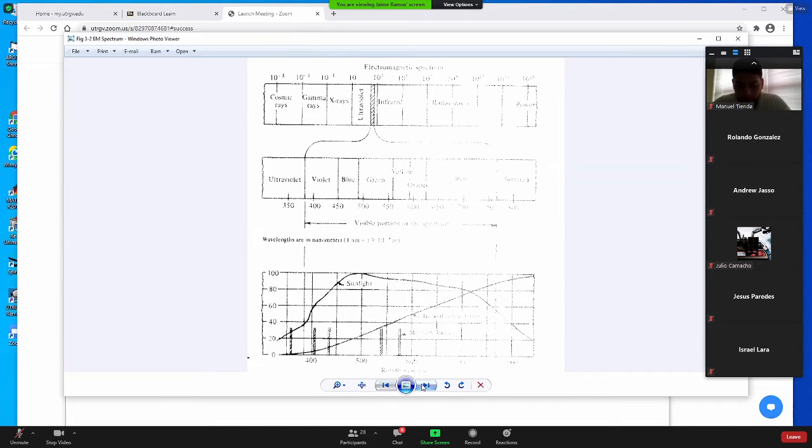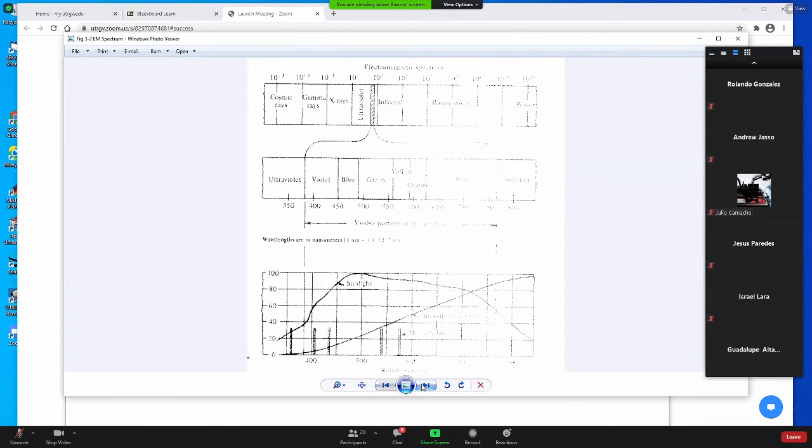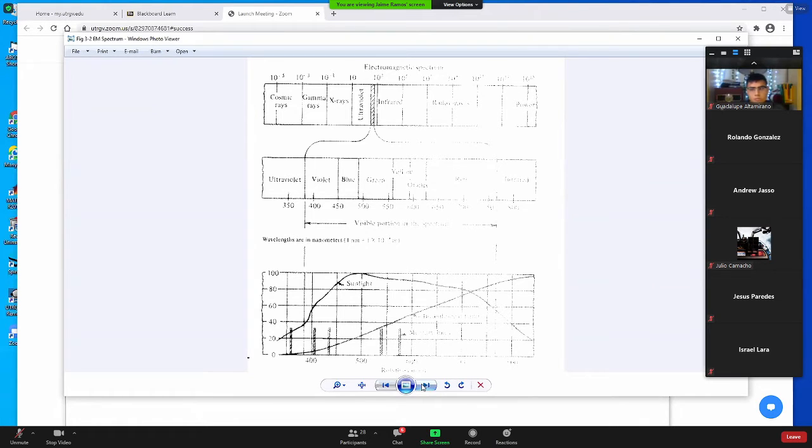And then it drops down to short wavelengths in the ultraviolet, and it drops down to long wavelengths in the infrared. Now, there are some line spectra at the bottom, those vertical bars, and they correspond to illumination from lamps. One of them may be a mercury lamp.